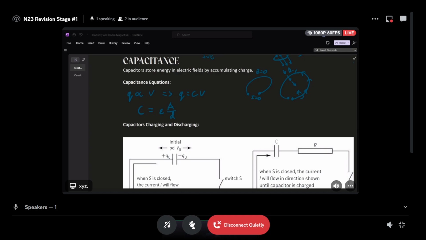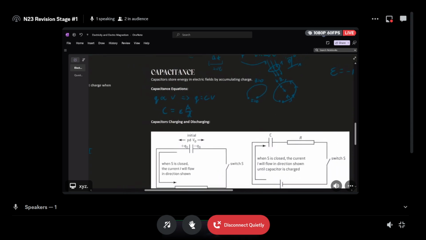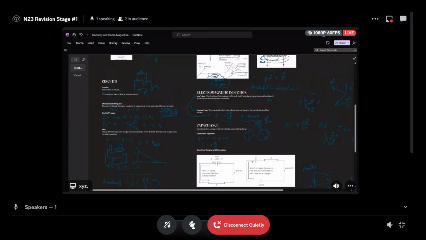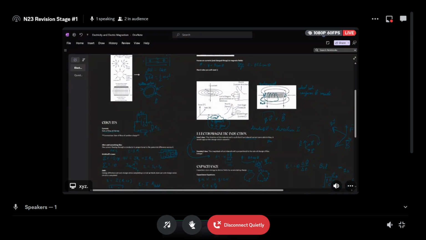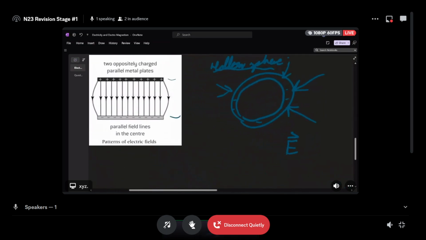Okay, I can go back to this now. So the capacitance of a capacitor is determined by this equation, where E here is permittivity. Is it permissivity or permittivity? One of the two. It's the permittivity of the dielectric material that lies between the two plates.